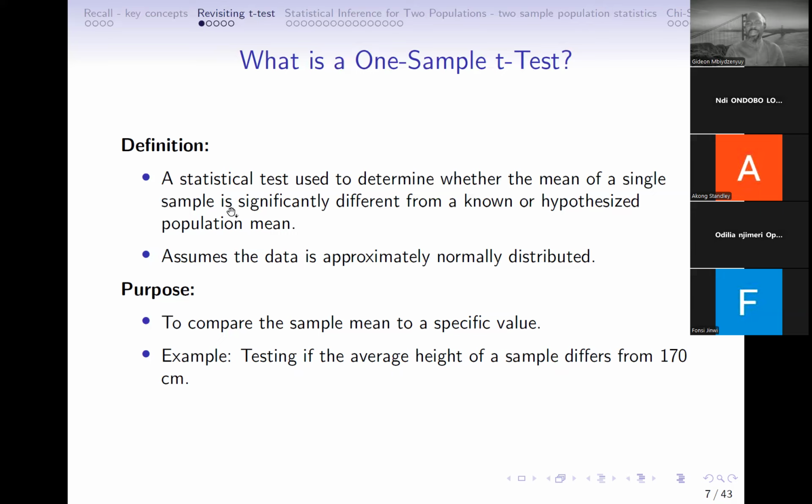How close are these variations to the actual case if I were able to get information from all travelers? That's the question we want to answer here. So the whole point is to compare the sample mean with a specific value when we are doing the t-test.